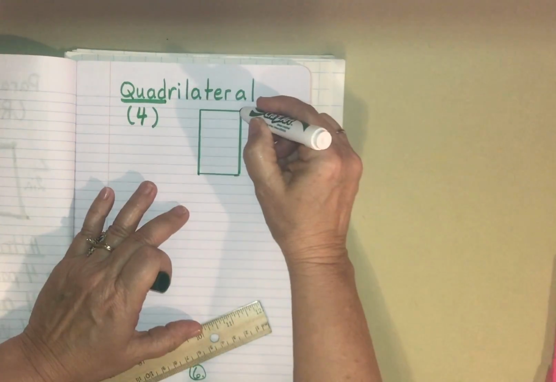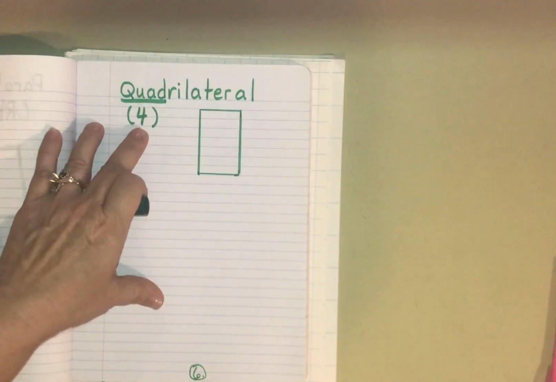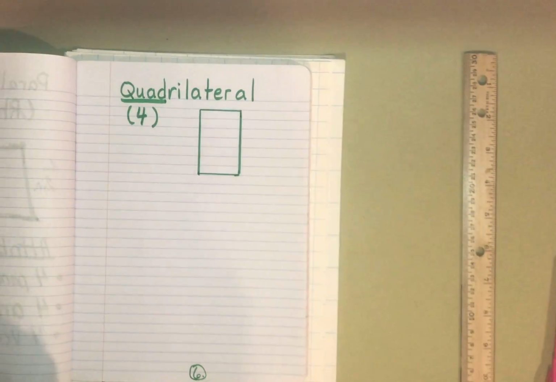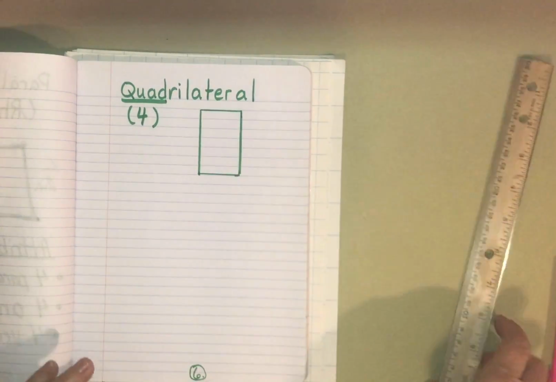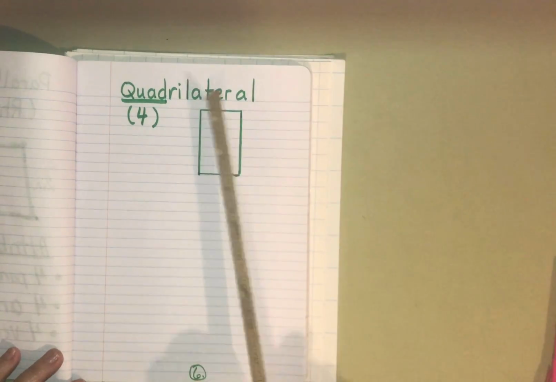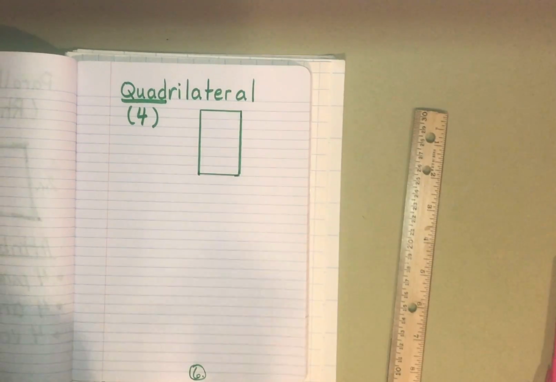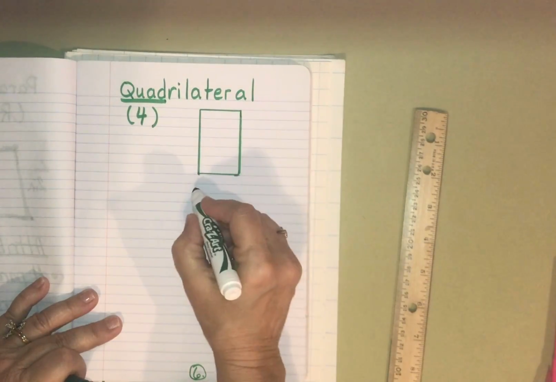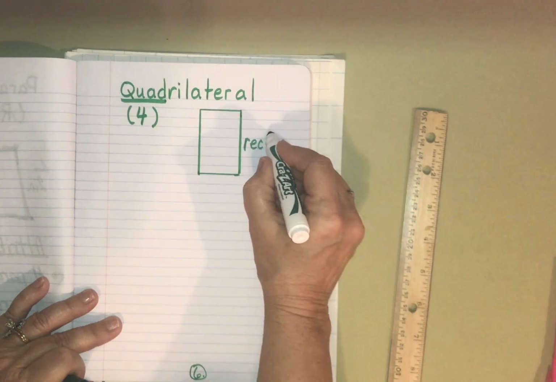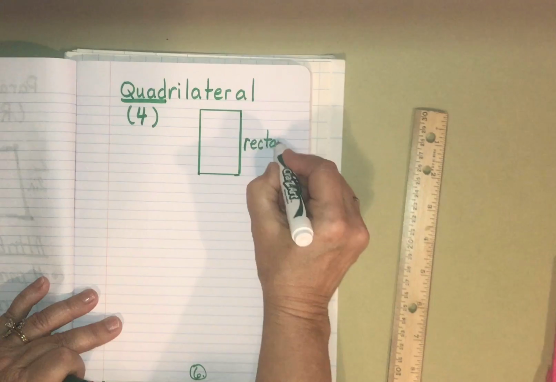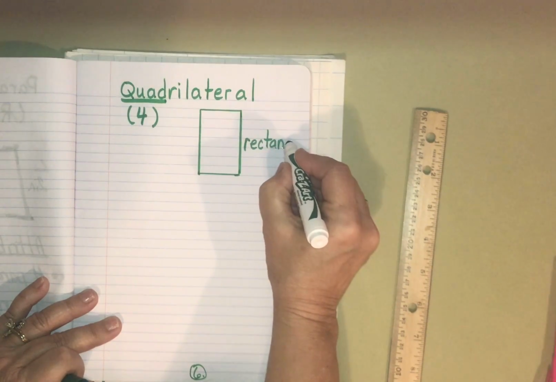So it's kind of like we've got these different shapes. Any shapes that have 4 sides would all be underneath the umbrella of the name quadrilateral. Okay? So if a rectangle has 4 sides, let's write that over here. A rectangle is a quadrilateral.